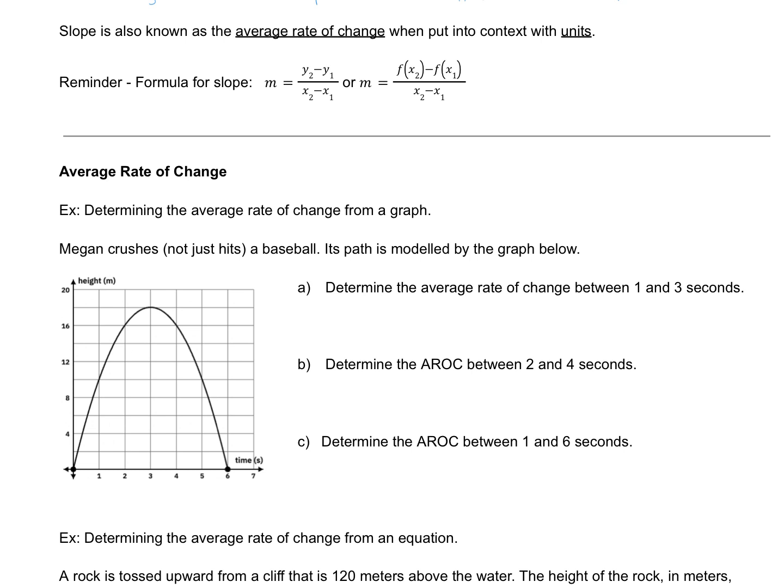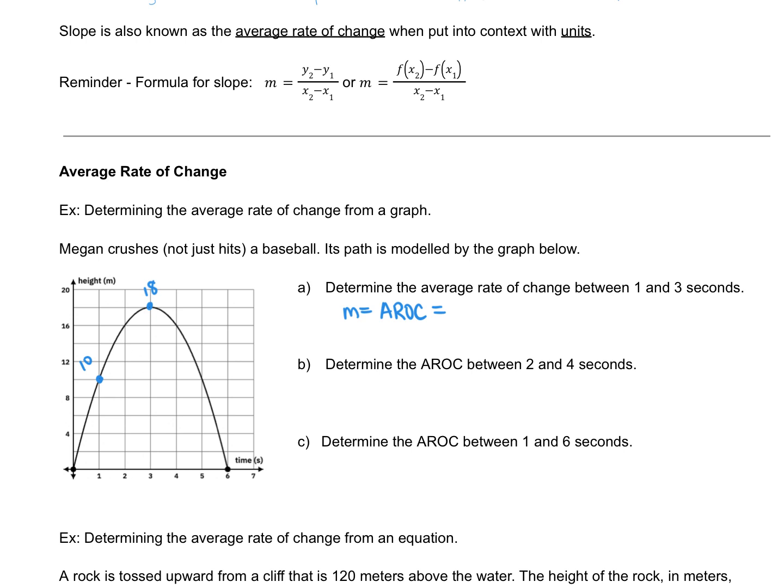So at 1 second, the height is 10, and at 3 seconds, the height is 18. So now, doing my slope, and I'll just write average rate of change, either one would be fine.